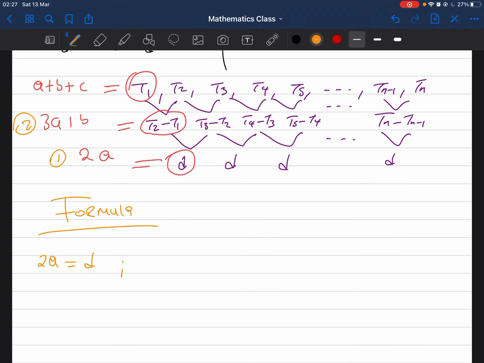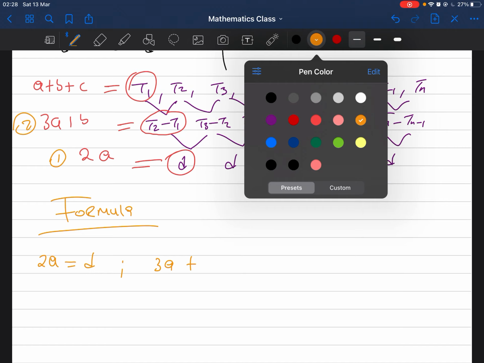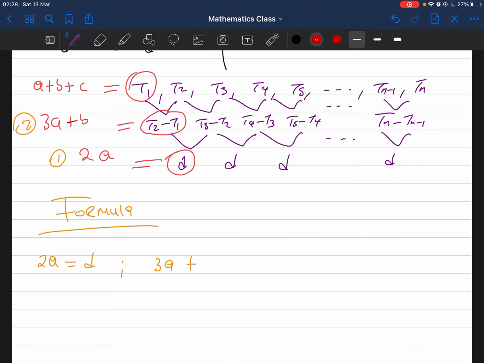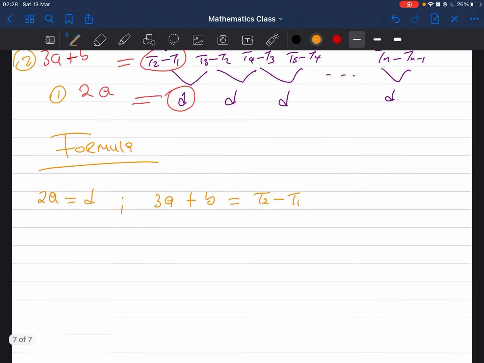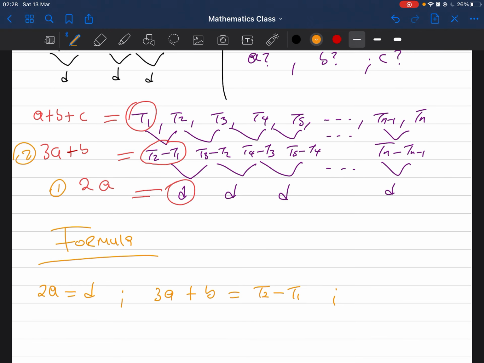The second one is 3a plus b is equal to T2 minus T1, the first difference. And the third one is a plus b plus c is equal to T1. That's the formulas you need to use.